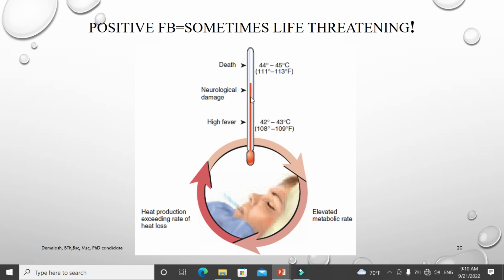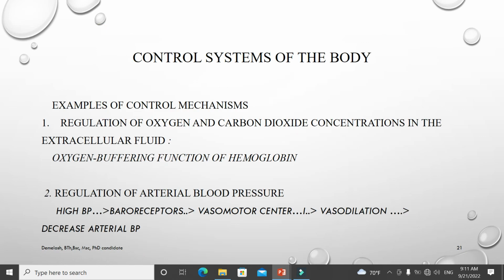Neurological damage will occur as the temperature increases, and death will happen at 44 to 45 degrees centigrade. Unless an intervention occurs, this is very lethal, and this is normally due to infection. Otherwise, if no intervention takes place, this will lead to death. So you should keep in mind the danger of the positive feedback system.